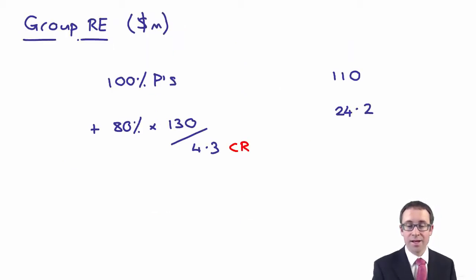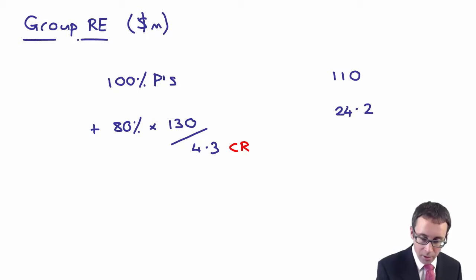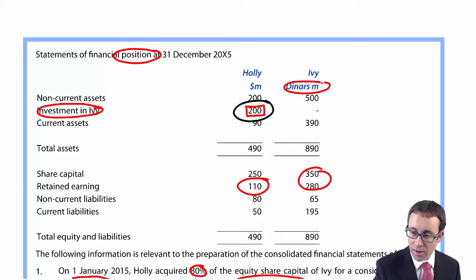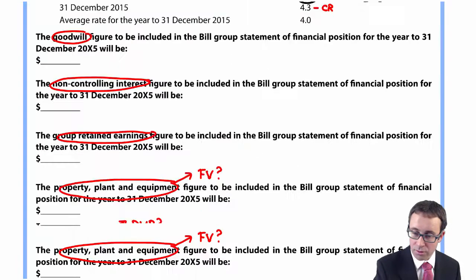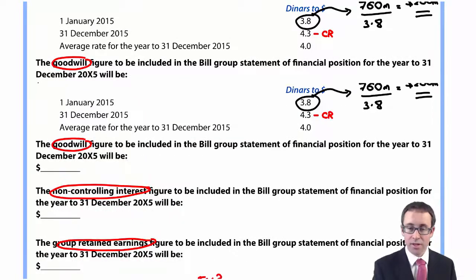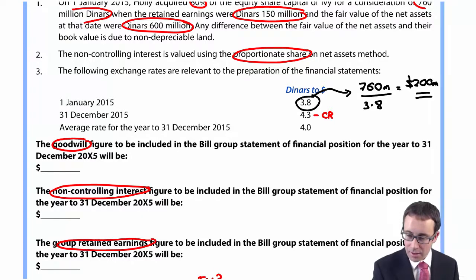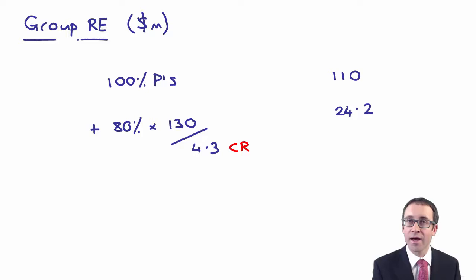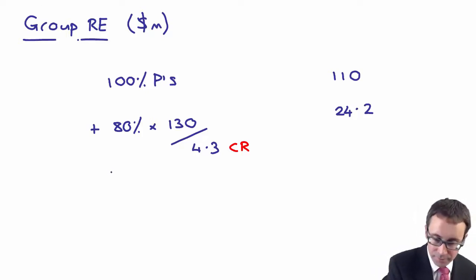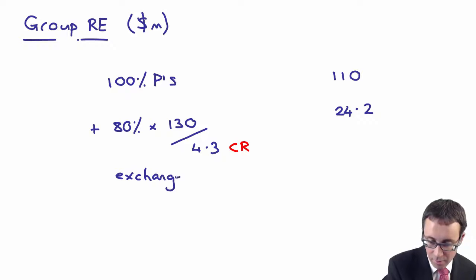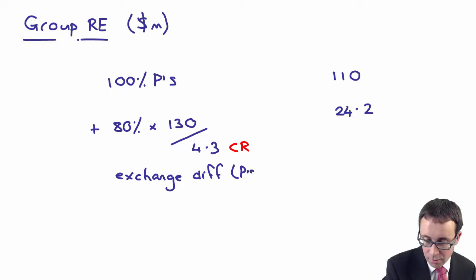You have then got to translate that at the closing rate, and the closing rate, if memory serves me right, which I'm pretty sure it was, you can see it's moving up and down, but you've got it there at the 4.3. Okay. The difficult bit that you've then got to go through and do is there could then be an exchange difference on P's investment?